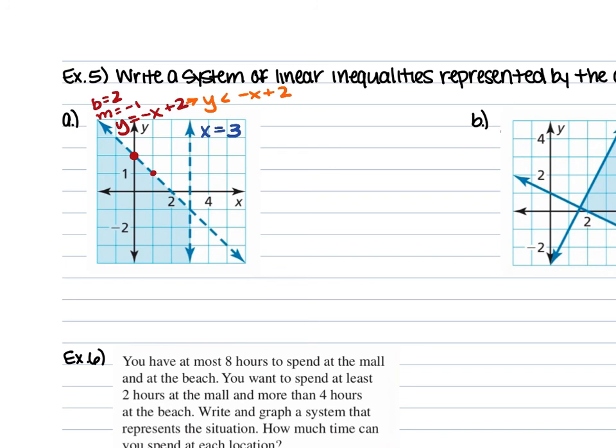For that vertical line, my shading is to the left of that 3, so those are the x values that are less than 3, so that's just x is less than 3. And again, it stays less than, not less than or equal to, because it's a dotted line. So to write my system, I'm just going to have x is less than 3, as well as y is less than negative x plus 2.